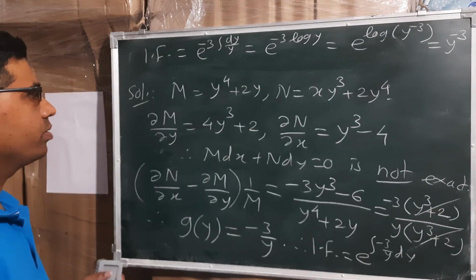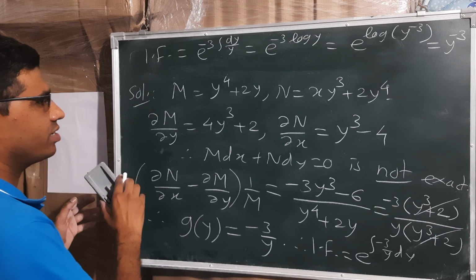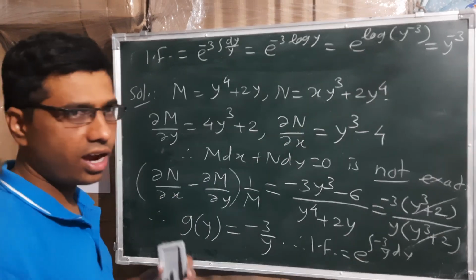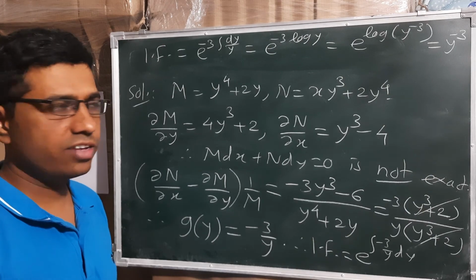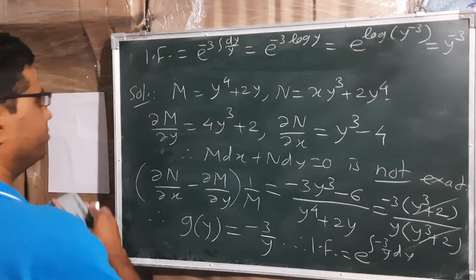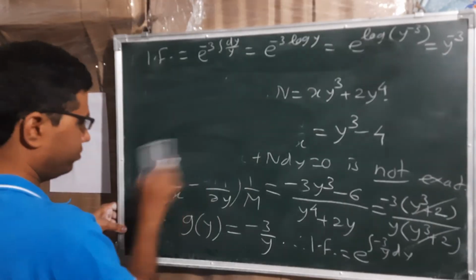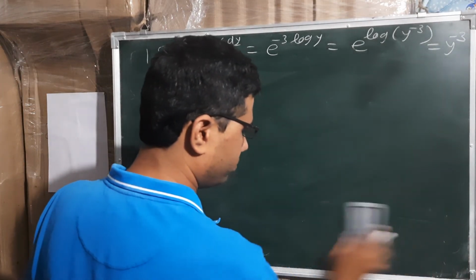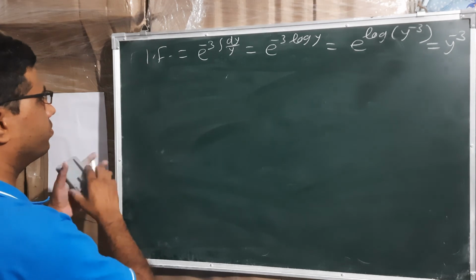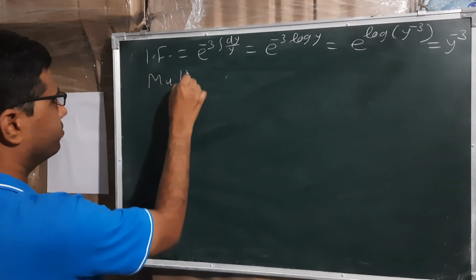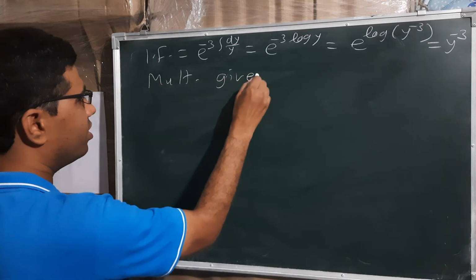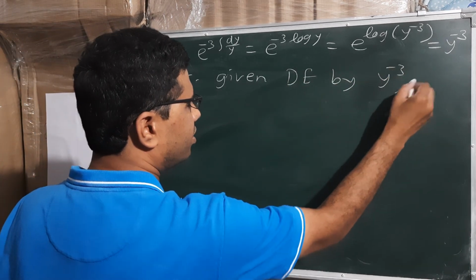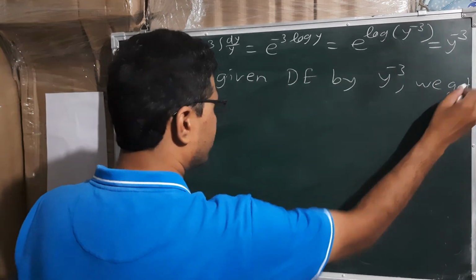Now we multiply the given equation by y raised to minus 3 and we get an exact differential equation.